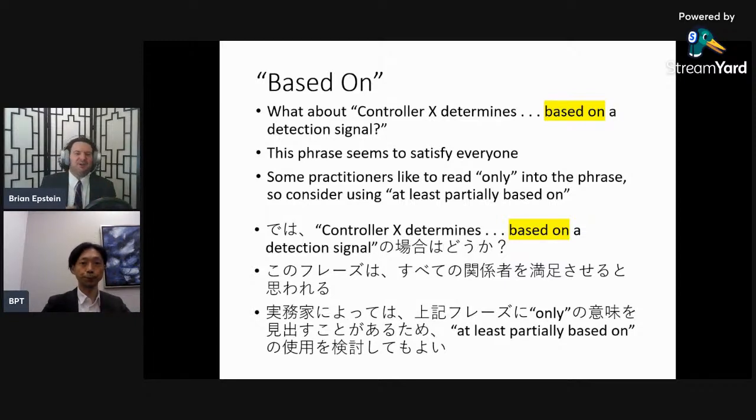So the issue here, because again, there's no clear answers. There's very rarely a clear answer in U.S. patent law. Some practitioners like to read the phrase "only" into this recitation of "based on," right? So they'll say that the language at the top of this slide means that controller X makes this determination based only on, or only based on, a detection signal, right?